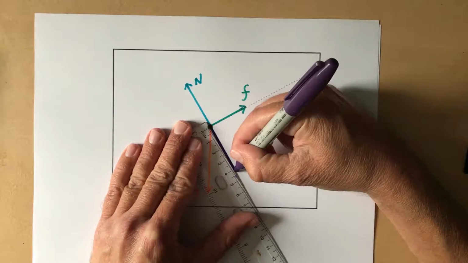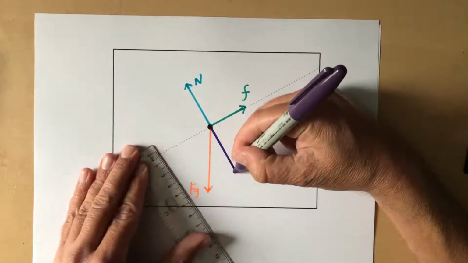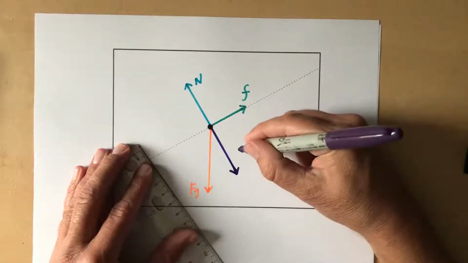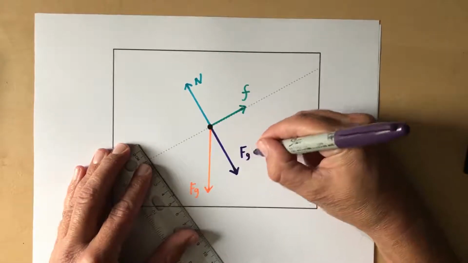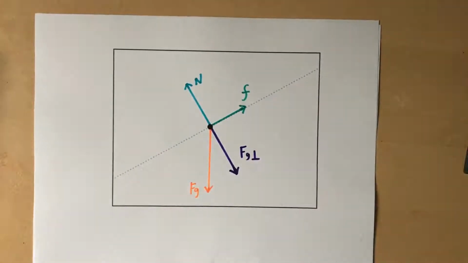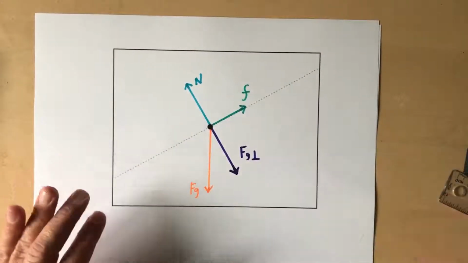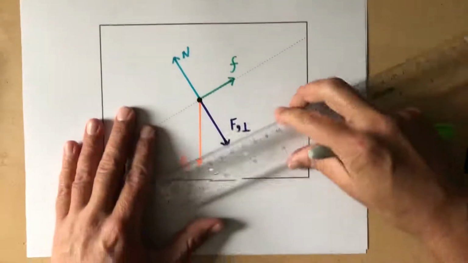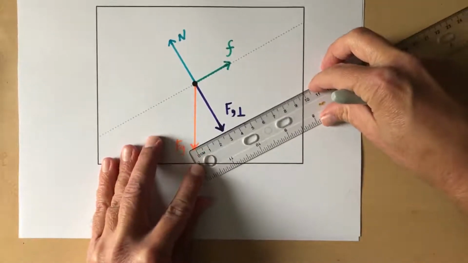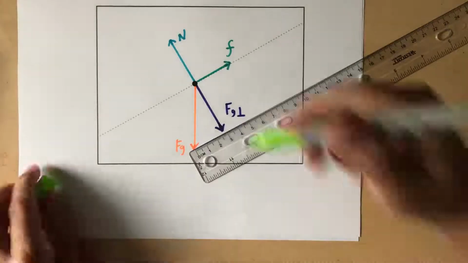So when we do it like this, we get a perpendicular part right there. I'm going to call that force of gravity perpendicular to the plane. And then we have another force of gravity in this direction that is parallel to the plane.